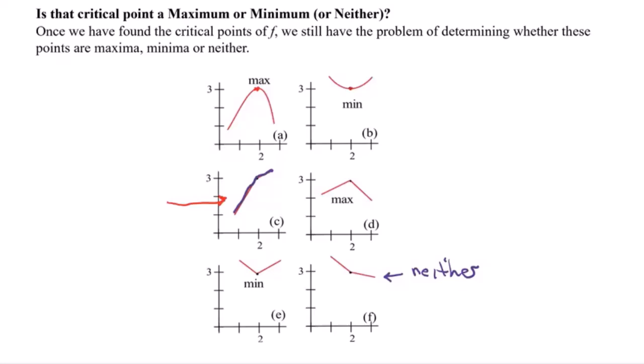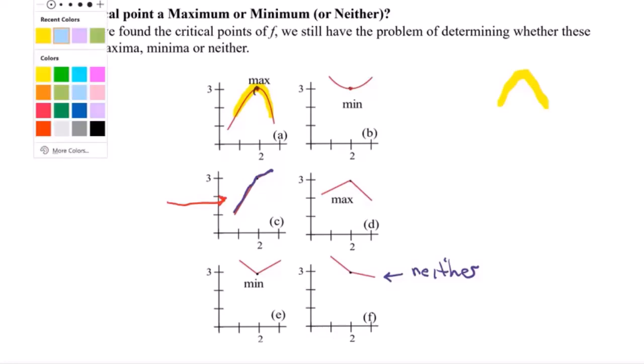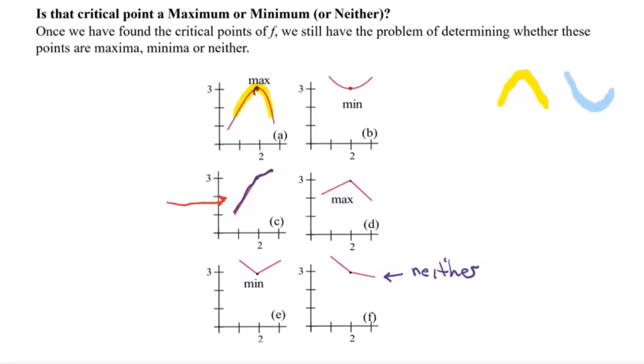Notice on the maximums, before you get to the max, it's increasing, going to 0, and then decreasing. So if something's increasing and then decreasing, it's obviously going to be a maximum. If something's decreasing and then increasing, it's obviously going to be a minimum.